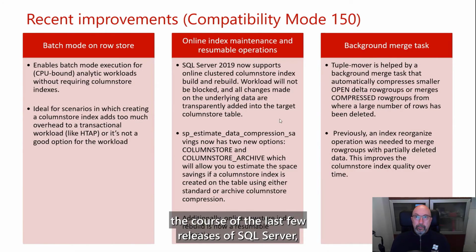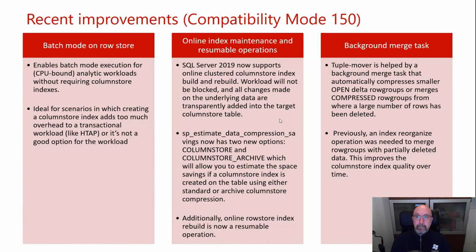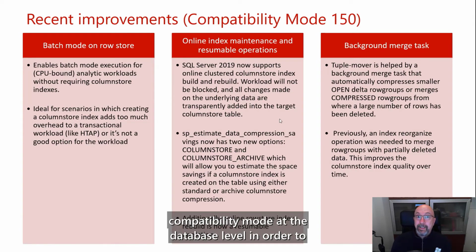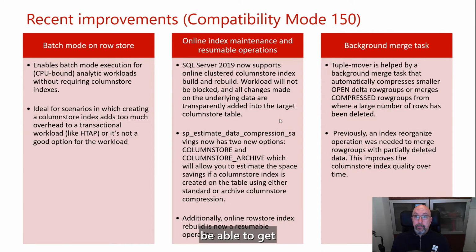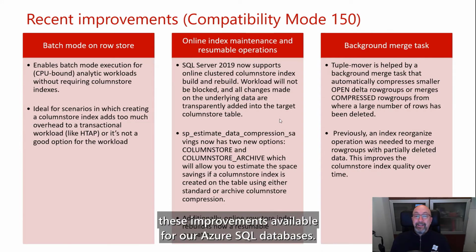As I mentioned, over the course of the last few releases of SQL Server, those technologies have been highly improved. And in Azure SQL, we have the ability to set compatibility mode at the database level in order to get these improvements available for our Azure SQL databases.